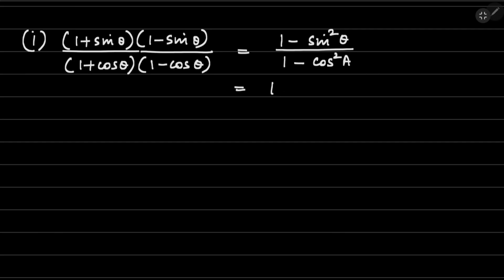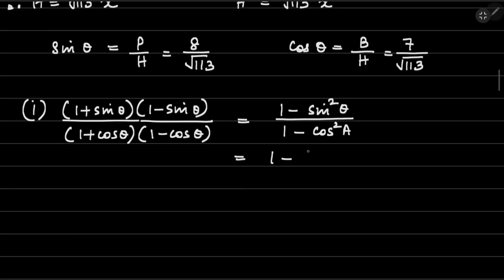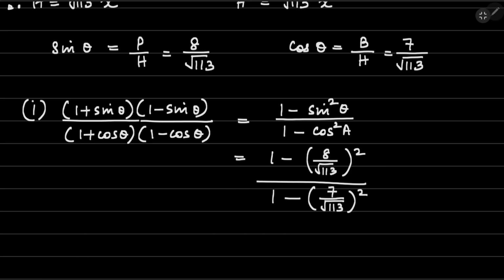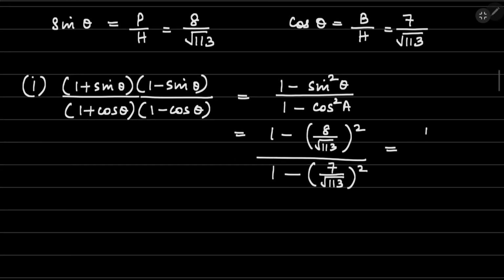Now let's substitute. What is sine theta? It is 8 by root 113. So this is equal to 1 minus (8 by root 113) the whole square, divided by 1 minus (7 by root 113) the whole square. 8 8s are 64, divided by 113, whole divided by 1 minus 49 divided by 113.